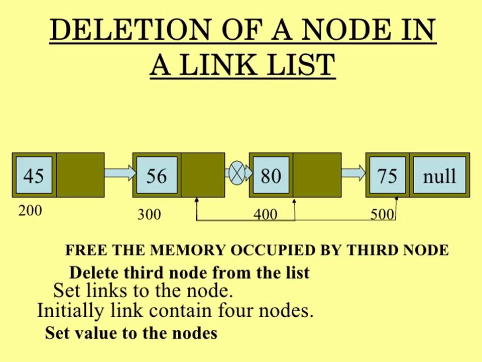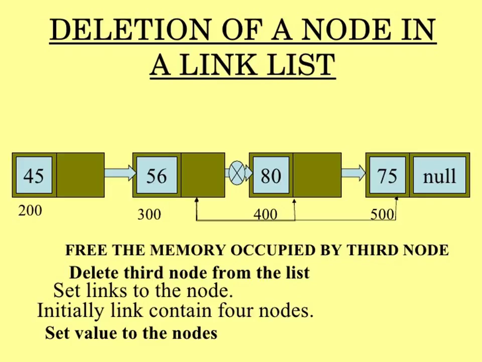So we need to delete the third node, that is the 80 node. By deleting the 80 node, we need to establish the connection in between 56 and 75. How can we establish the connection in between 56 and 75? That is by simply storing the 75 address, that is 500, in the link field of 56. We can establish the connection in between 56 and 75.